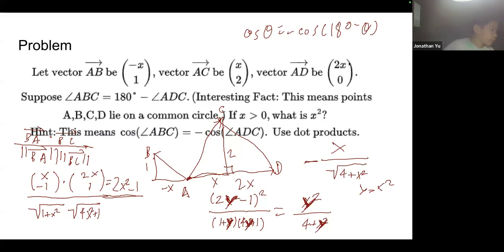Okay, basically all we can really do in this situation is cross multiply. So let me just make some more space. Does everyone understand how we use dot product to find the cosine of angle ABC?